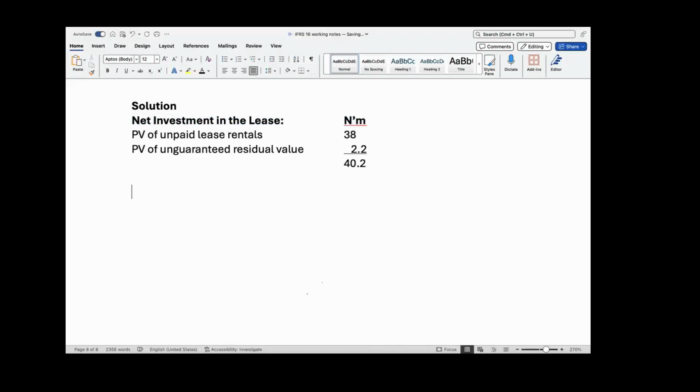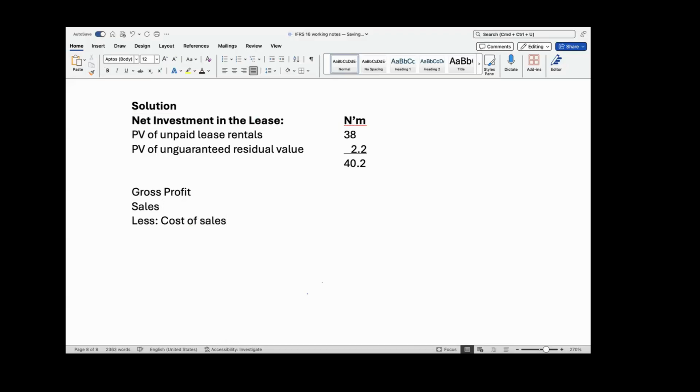Then we would also do determination of gross profits, which will just be our sales minus my cost of sales.